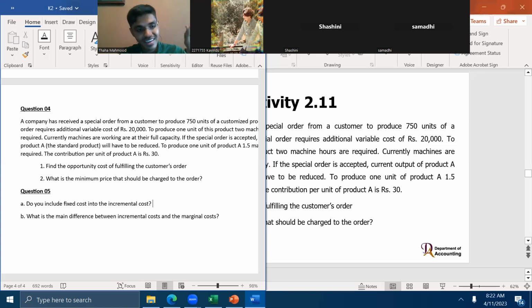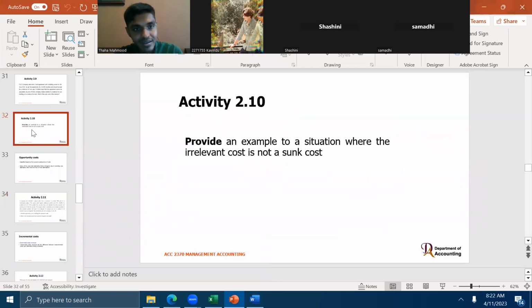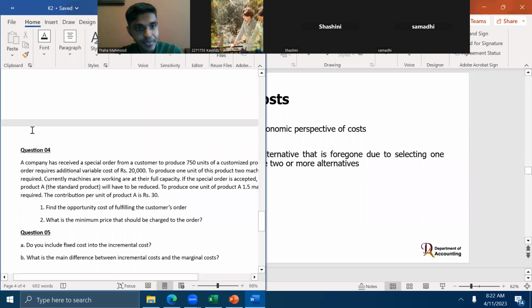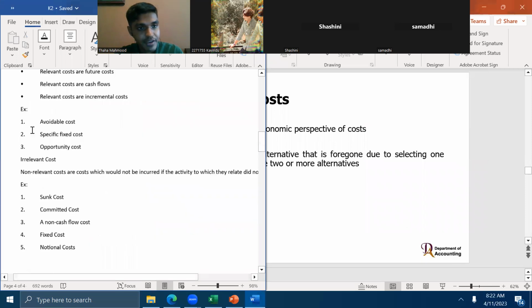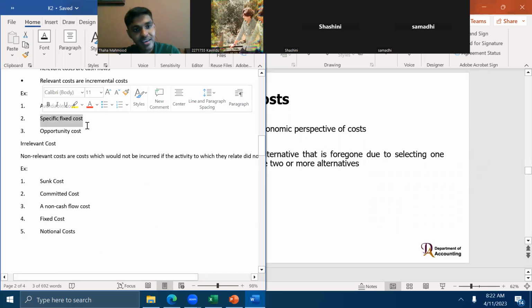Economics එකේ marginal cost කියලා කියන්නේ additional one unit එකට යන opportunity cost. මේකේ we are not limiting it to one additional unit. We can take a group of units. So the only difference would be specific fixed cost. මේ specific fixed cost economics එකේදී marginal cost එක ඇතුළට යන්නේ නැහැ.